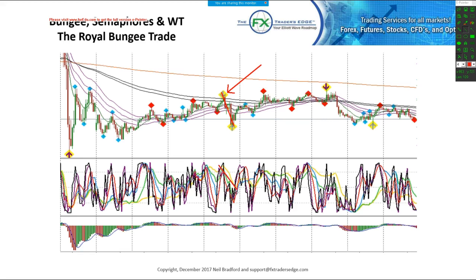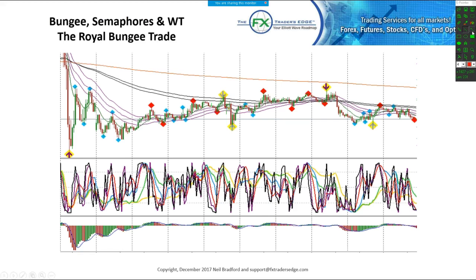Whoops, no, it didn't. We stopped here. So no, there was never a setup here for a lower royal, because the gold bungee didn't cross the channel. Good, excellent. That's cleared that up.